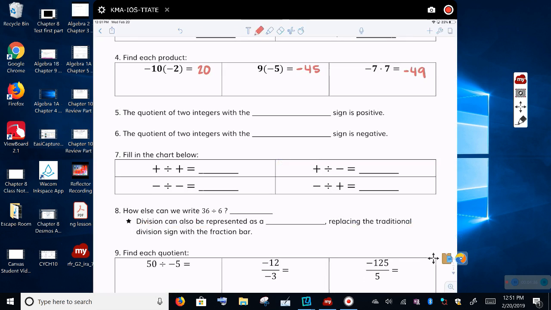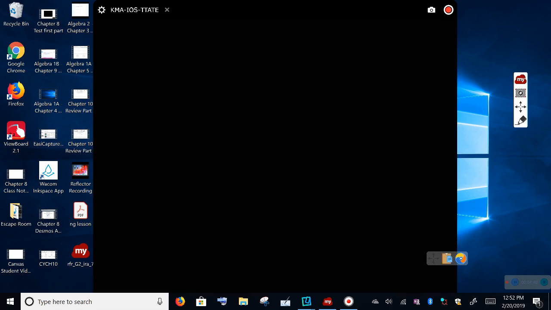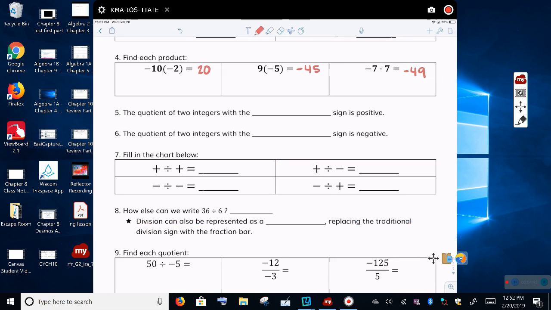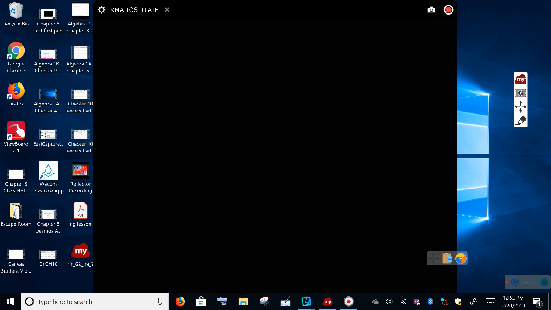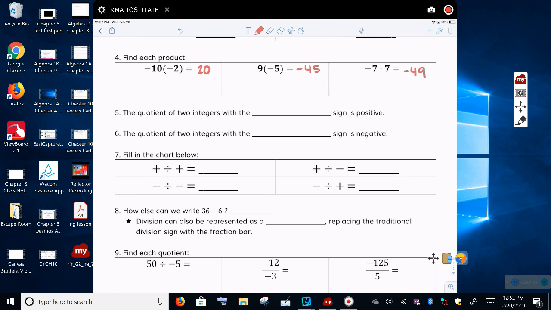All right, so now we are working with division. When it says quotient, what is it talking about here? Quotient is the answer to the division problem. Good. So I'm talking about division. It's the same as multiplication concerning our signs. When the signs are the same, my answer is positive. Now what happens when the answer is negative? What were my signs?